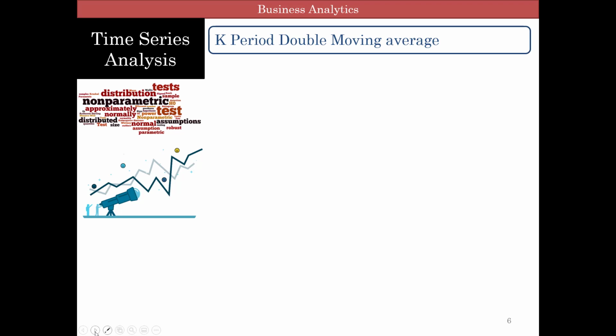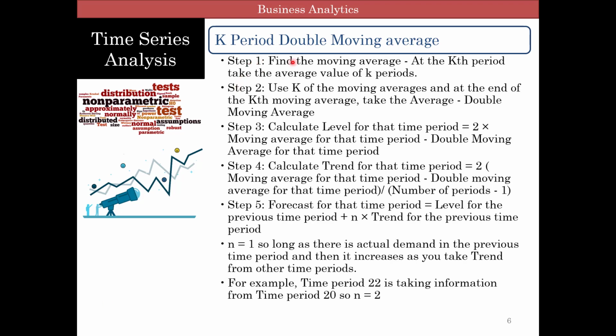For double moving average, just like single moving average, we look at the number of periods: 2 period, 3 period, 4 period moving average. So step one, we find the moving average, where K is the number of periods. We take the average value for K periods. Then step two, we take the double moving average of these moving averages.